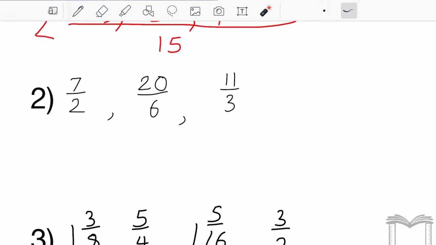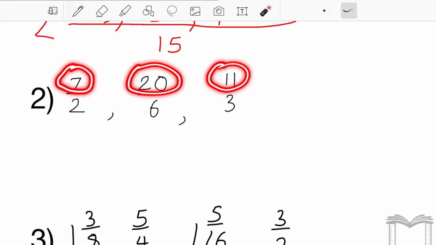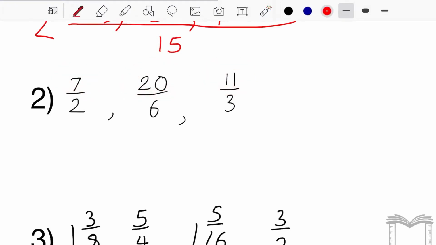In this case, the numbers are not very large, and I also know that the LCM would not be very large. So what number can 2, 6, and 3 go into? All of them can go into 6.